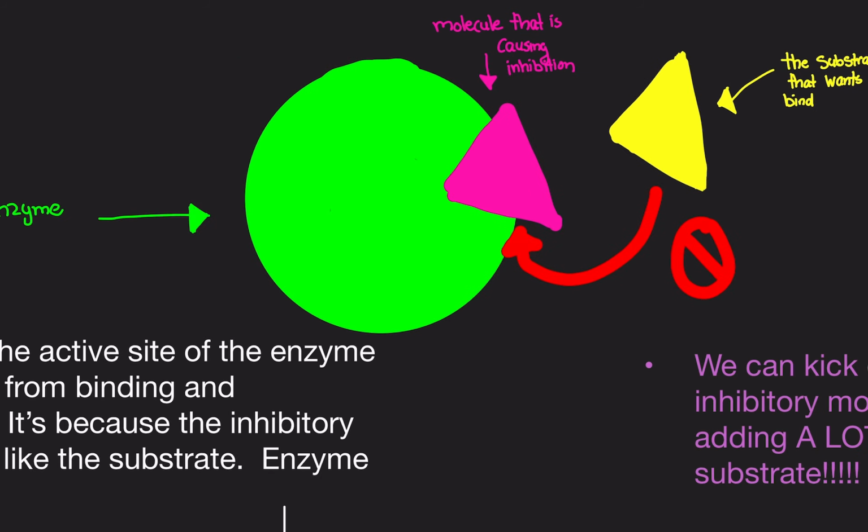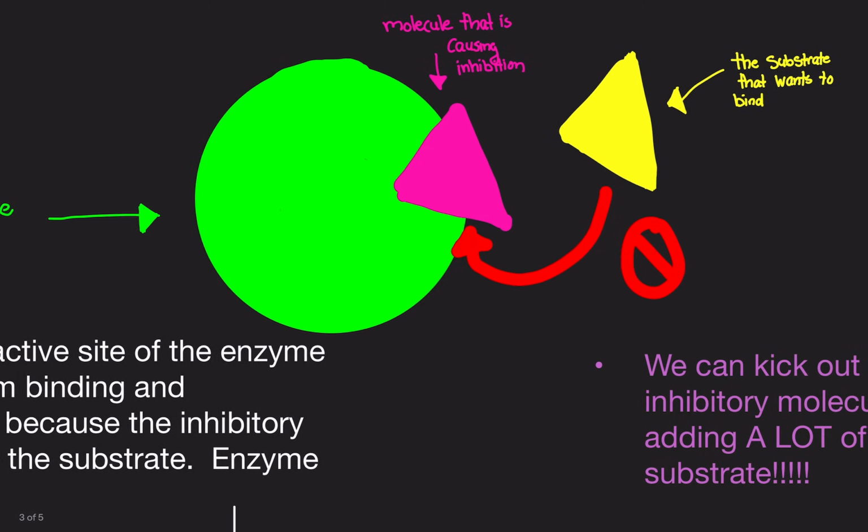So this green thing is the enzyme, the yellow thing is the substrate, and the pink thing is the inhibitory molecule. What competitive inhibition is, first, this substrate wants to bind to the active site of an enzyme. That's how we get this enzyme substrate complex to be formed to create a product. So the substrate must bind to this active site to actually get a product.